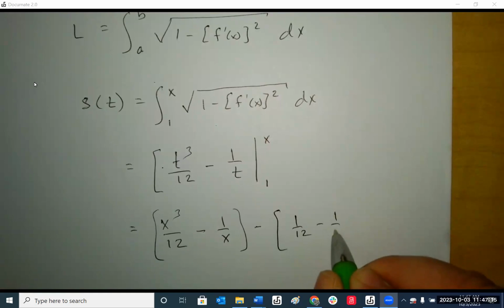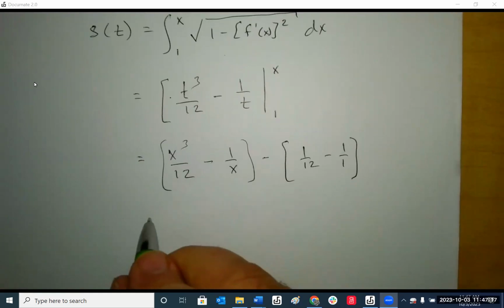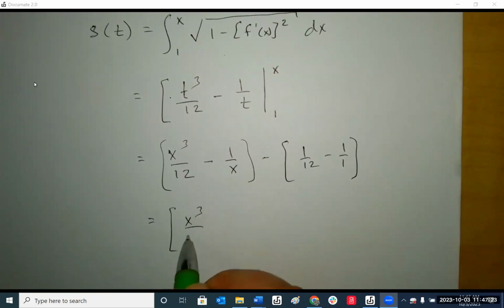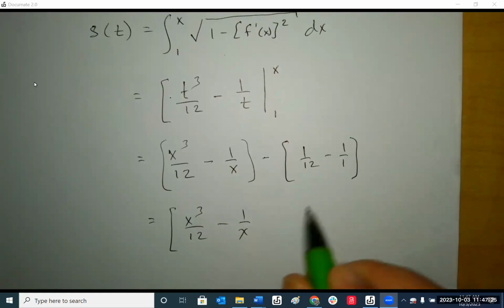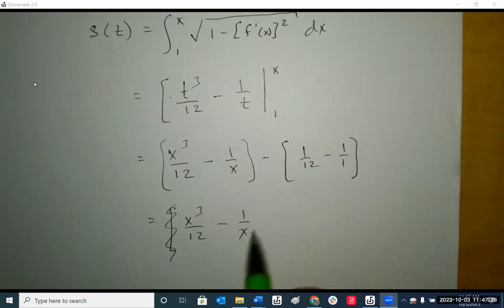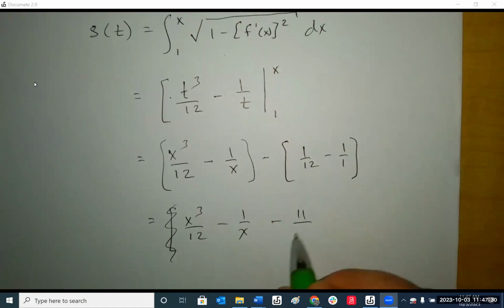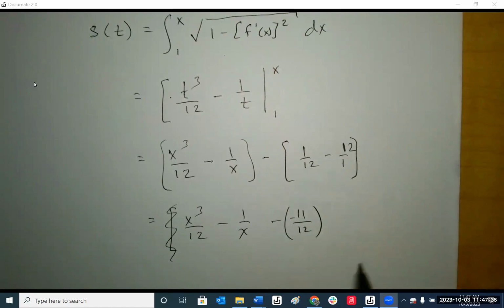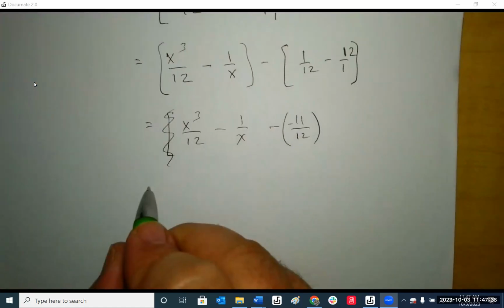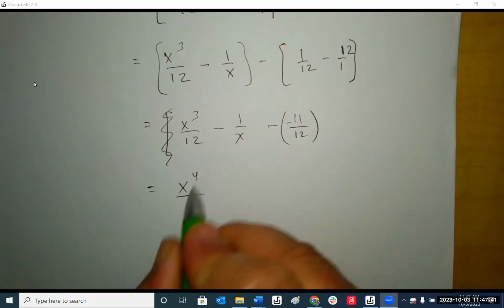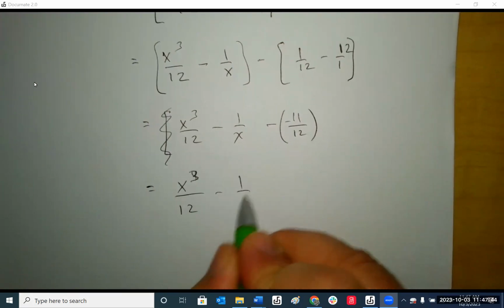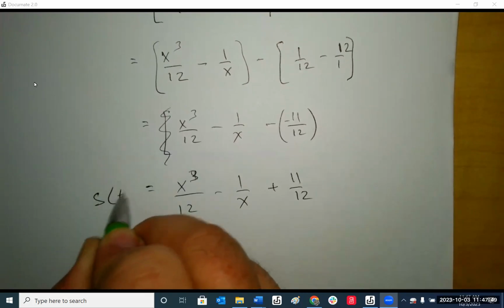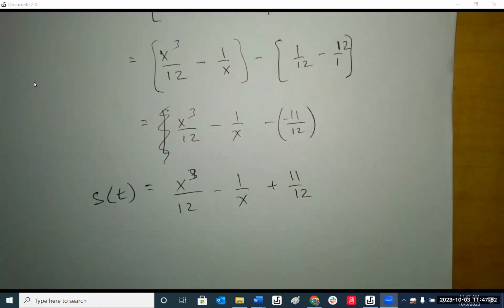At 1 it's 1/12 minus 1 over 1. This is the difference: x cubed over 12 minus 1 over x. And this becomes negative 11 over 12. That's the difference.